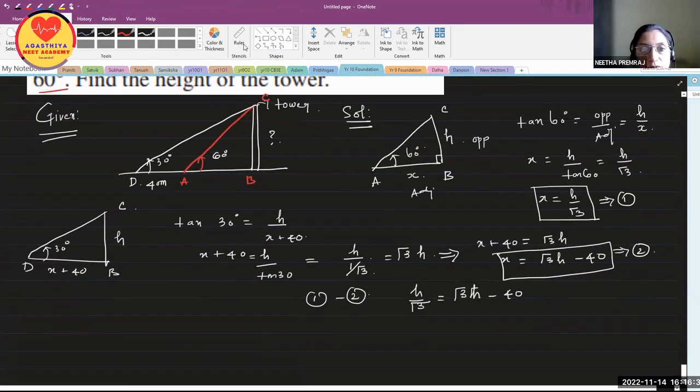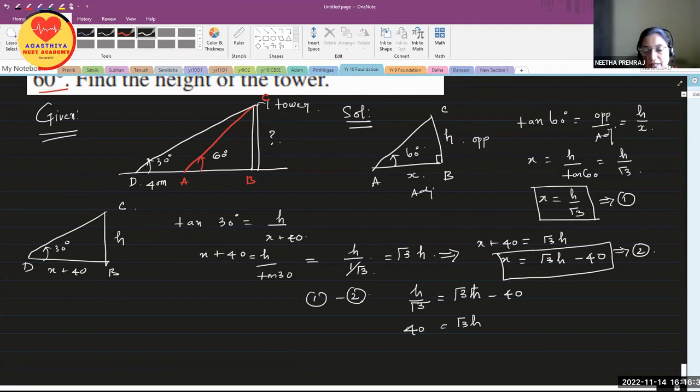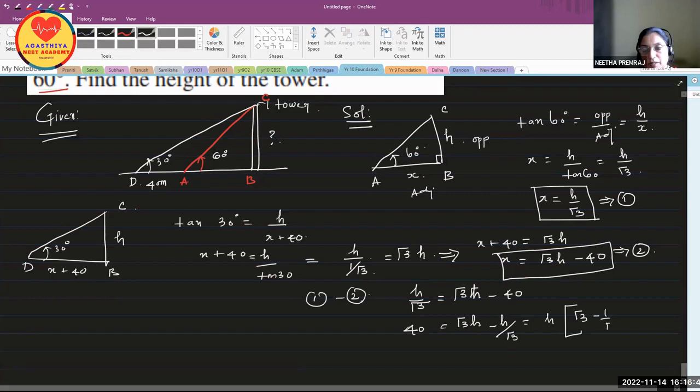I take 40 on the left hand side and that h by root 3 on the other side. And I take h outside. What is left? Root 3 minus 1 by root 3.